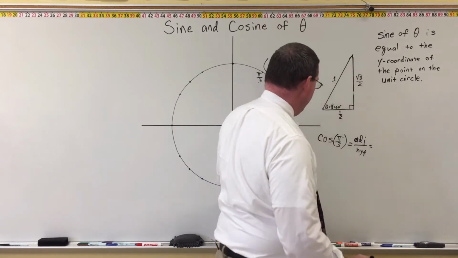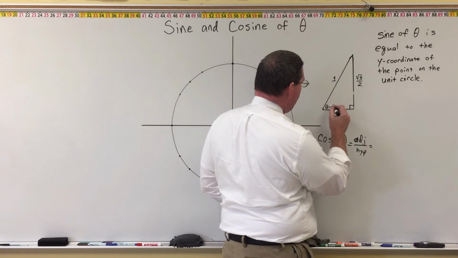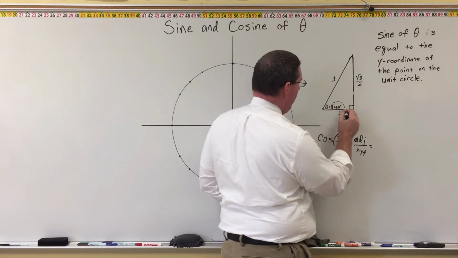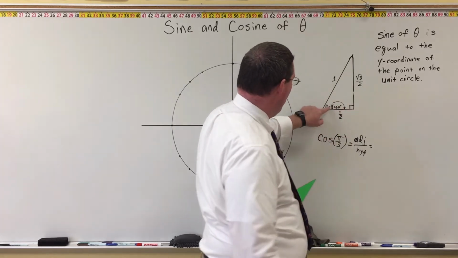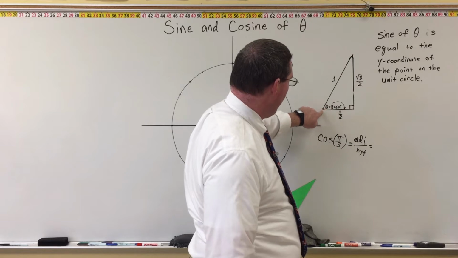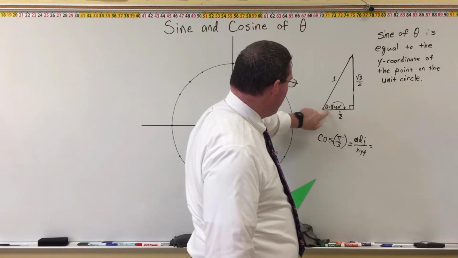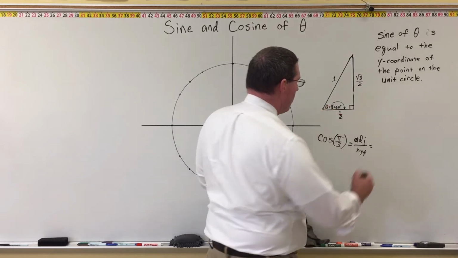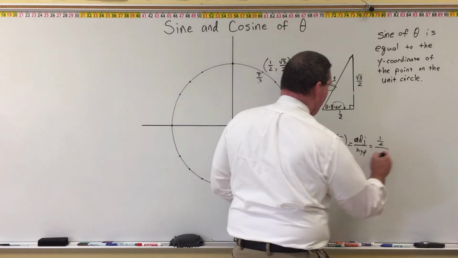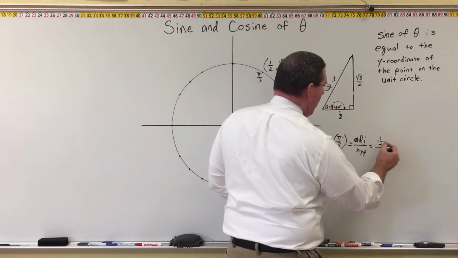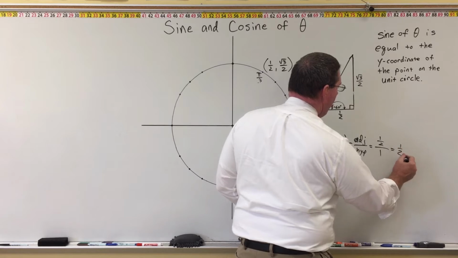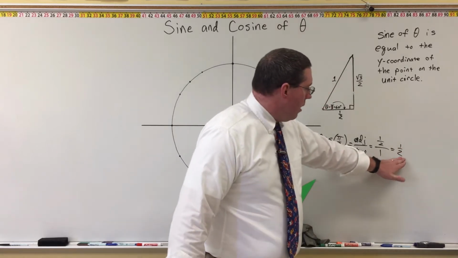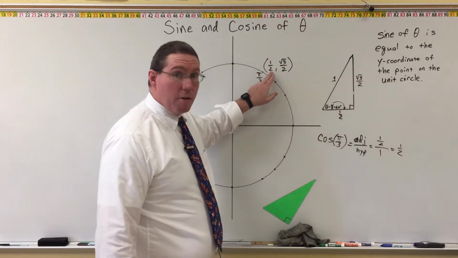Well, in this particular case, the adjacent to pi over 3 is this side right here, the one that's touching the angle, or next to the angle, which is 1/2. So the adjacent side is 1/2 divided by the hypotenuse, 1, and 1/2 divided by 1 is 1/2. Well, isn't it curious that that happens to be the x-coordinate?